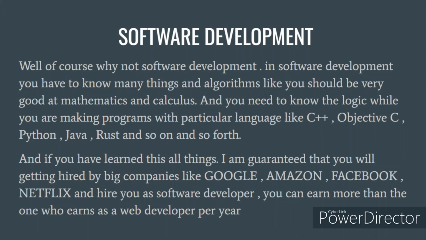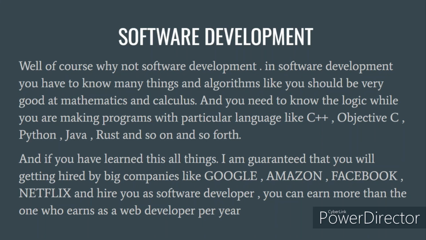So, software development is kind of a pain. For that, you need to learn algorithms, you need to make your mind very much good at mathematics and calculus. So the point is you need to make logic while you're doing programming. Like software making, like operating systems, like Windows 10 is made by C++ and Objective-C.